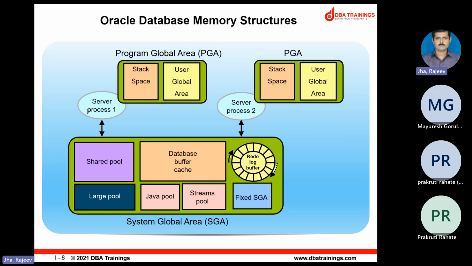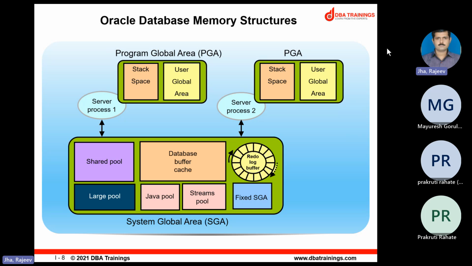Memory is shared among the users. There could be a private data area which the connection will use. Within the memory, we have various small components. Based on that memory structure, I am able to use my instance.